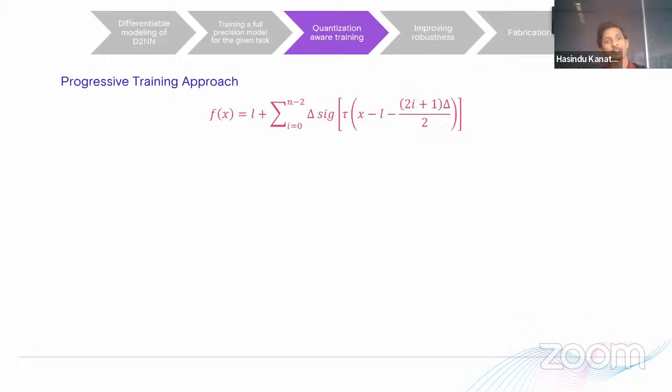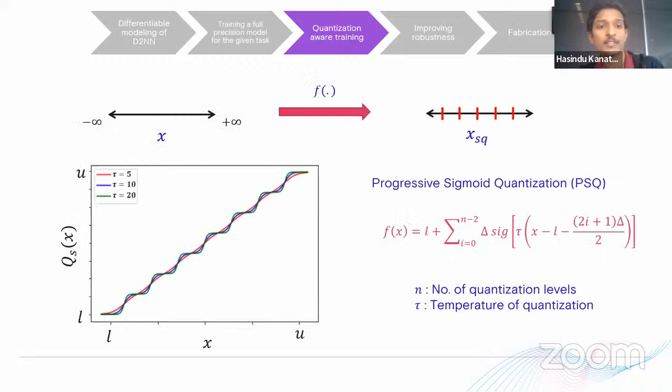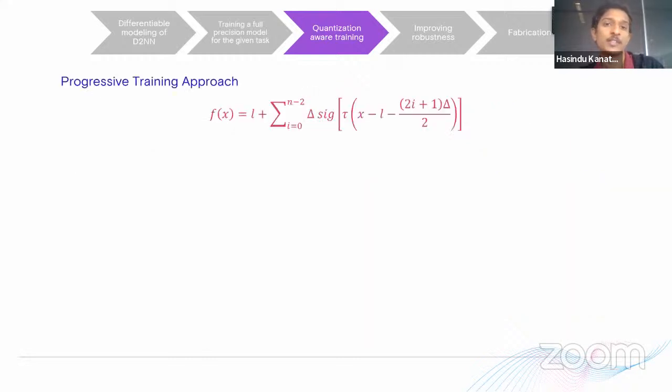Using this temperature factor, we use a progressive training approach for the quantization of our training. The idea is that we start from a smaller temperature, where the weights have more flexibility to move around, and then as the training progresses, we increase the temperature to make them closer and closer to a fully quantized weight distribution.